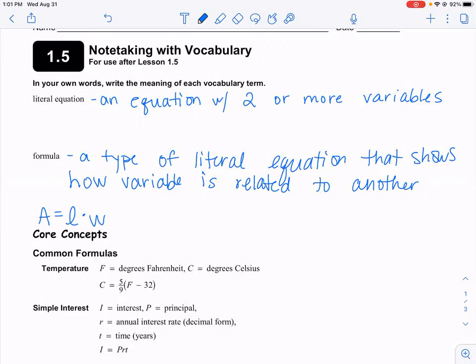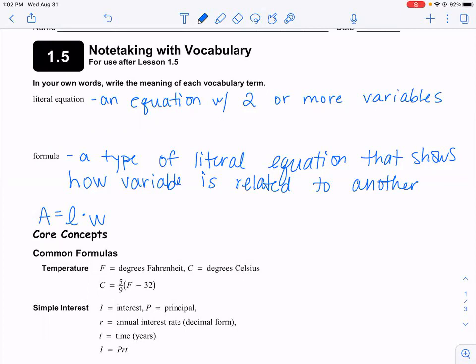Okay, so we are going to do the same thing that we've been doing in all of the other equations that we've been solving, where we basically need to isolate a specific variable and we have to move things over to the other side of the equal sign. Okay. It's just going to look different because not everything is going to be a number.